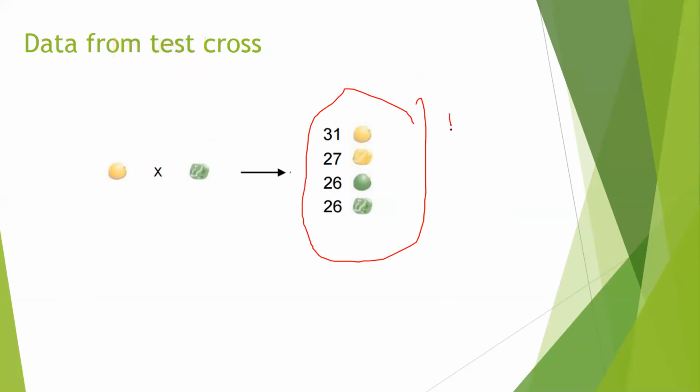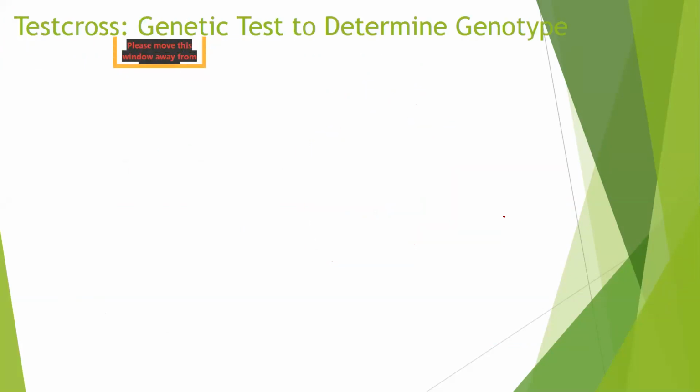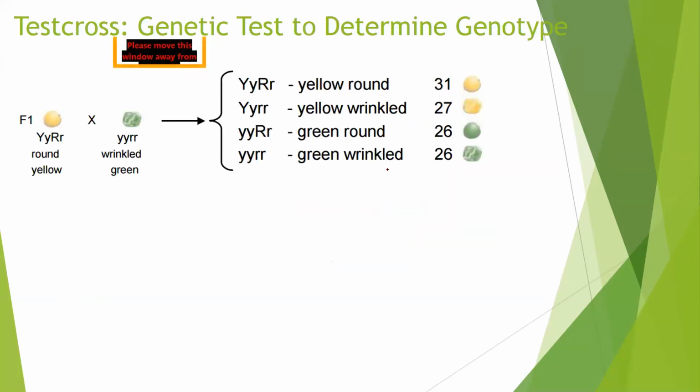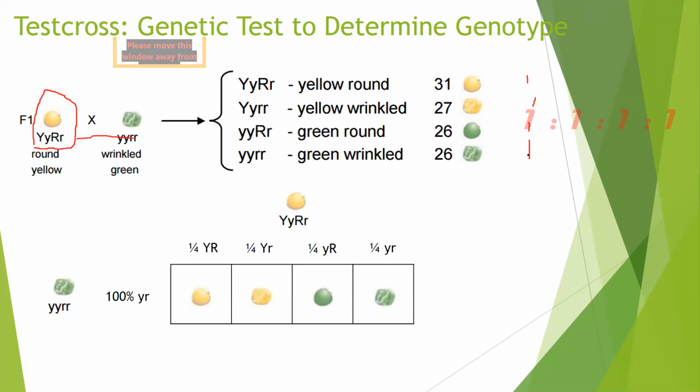And the ratio looks like this data is following a ratio of 1 to 1 to 1 to 1, so you can hypothesize, all right? The one being tested is carrying the genotype like this, and only this test cross will give you a 1 to 1 to 1 to 1 ratio.